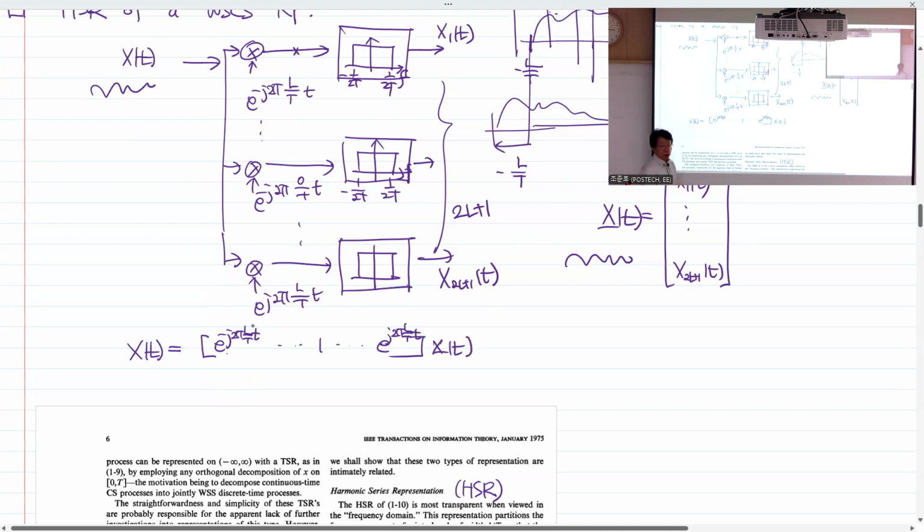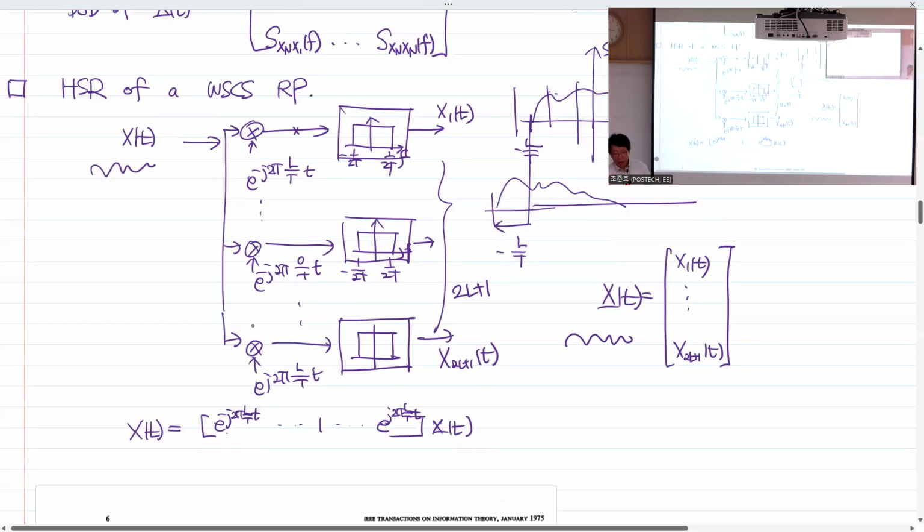Got it? So from the x vector, you can get the original x of t. Am I right? Here, be careful. I didn't say yet x underscore is wide-sense stationary. But almost everybody of you has that implication of me. Amazingly, it turns out that this x underscore is a wide-sense stationary random process. Vector valued wide-sense stationary random process.